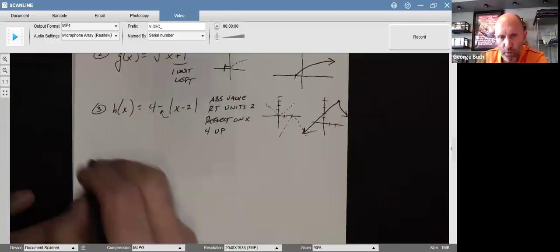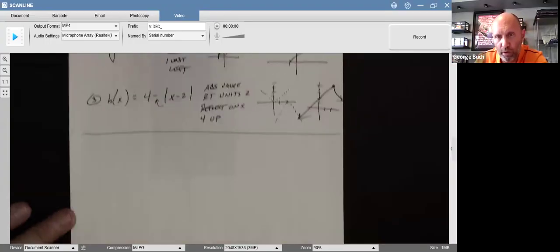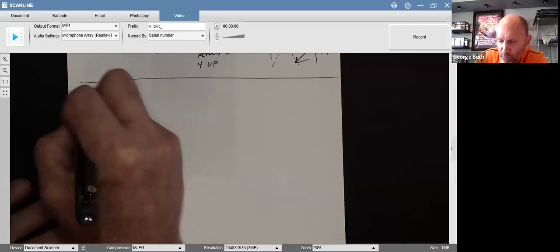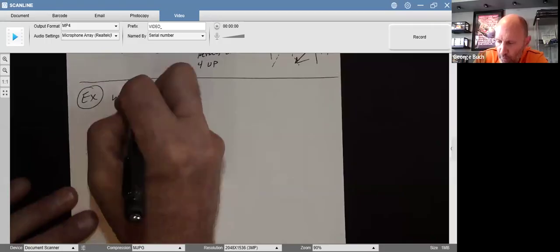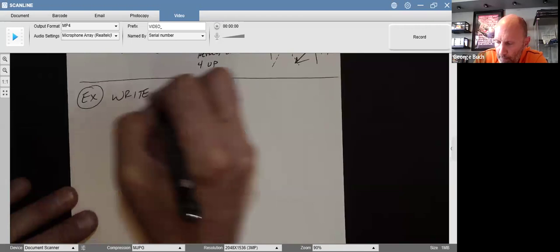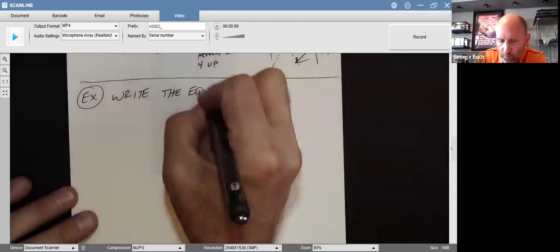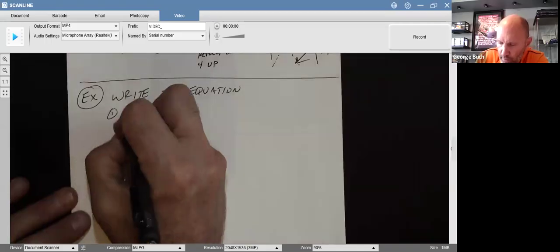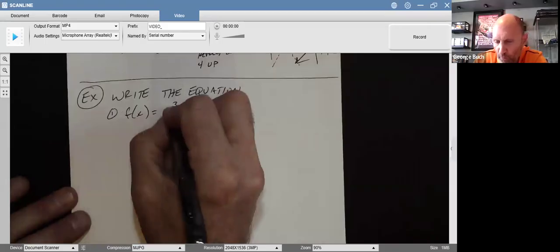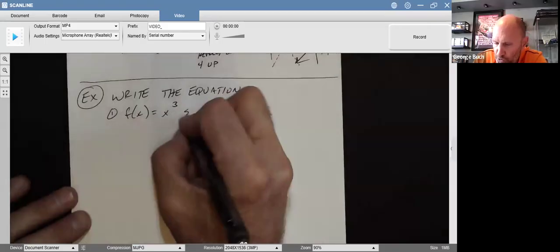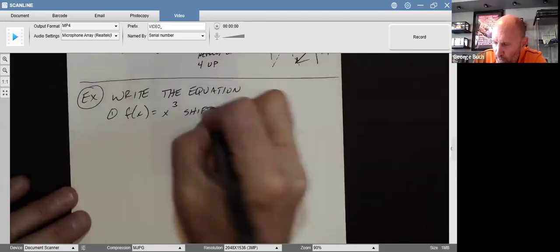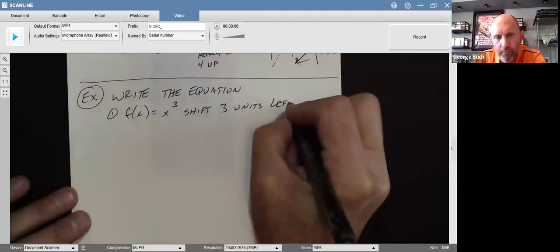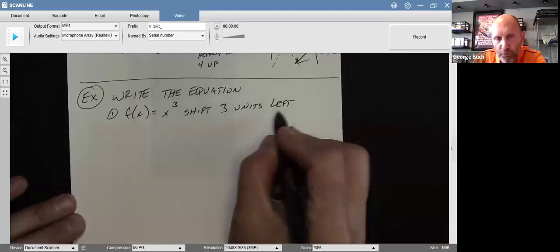All right, the other thing you will be expected to do with regards to transformations is that you'll be given the transformations and you have to write the equation that goes along with it. So for example, if your function is the cubic function, x to the third power, but then shifted 3 units to the left. Give yourself some notes here.